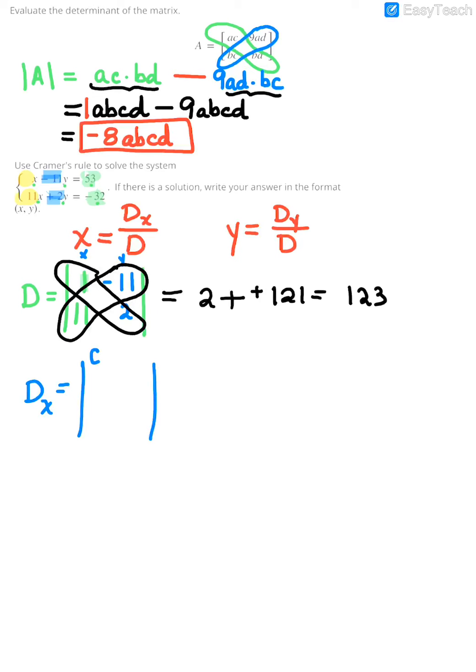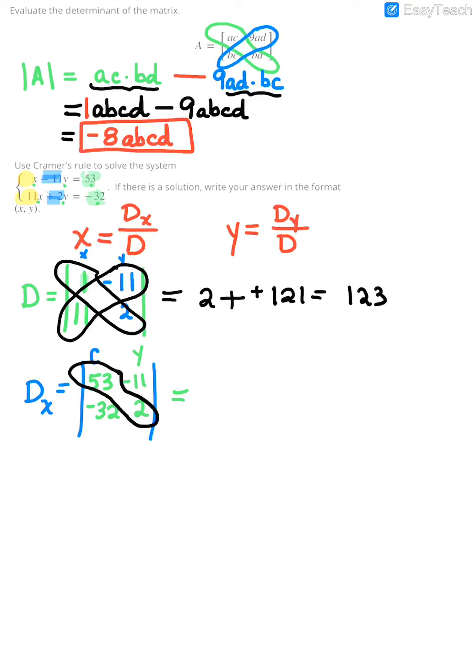So those are the numbers that are going to replace the x coefficients in the original D matrix. My y coefficients will stay where they were. So remember, my y coefficients were negative 11 and positive 2. So that is how you set up the matrix, and then you evaluate the determinant.